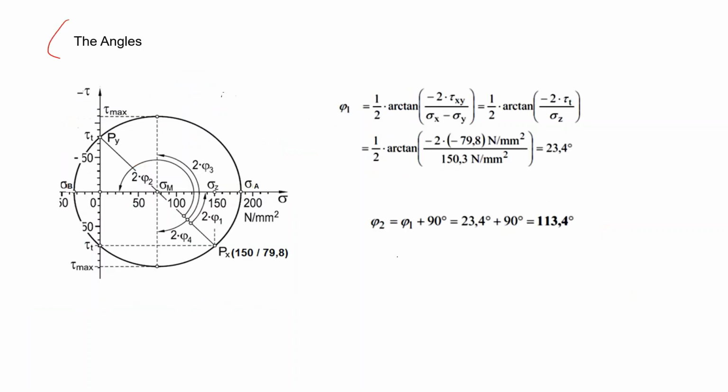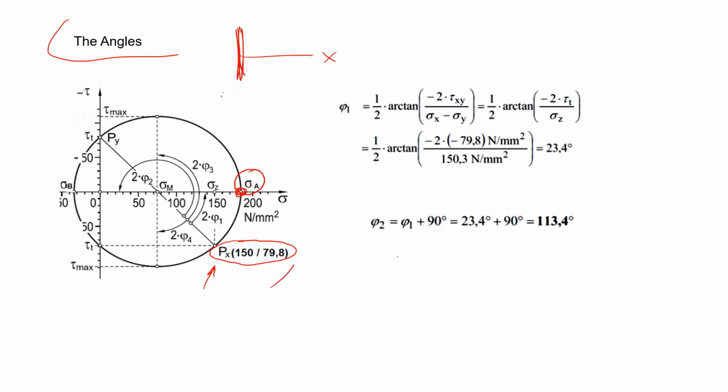What about the orientation of the principal planes? Well, this is my x-axis, and the stresses on this plane are represented by point Px. Well, the first principal stress lies over here.